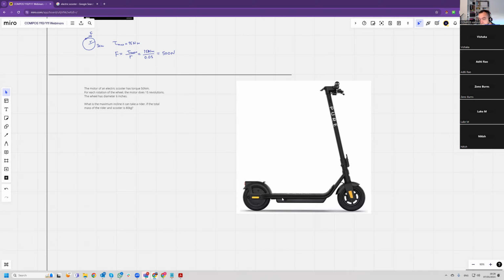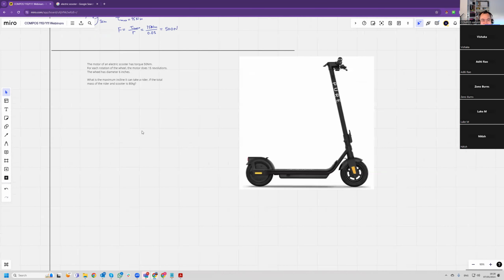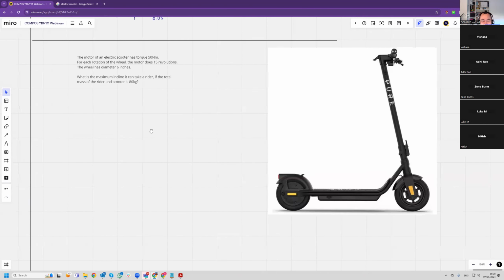Sorry, is it 15 to 1 or 1 to 15? I get them confused. It doesn't really matter. The mechanical advantage is 15, right? Mechanical advantage is 15.